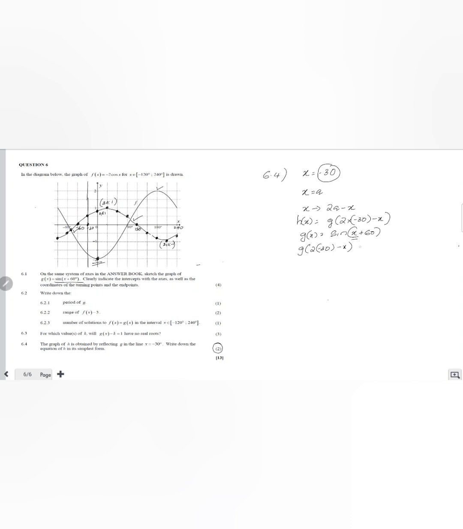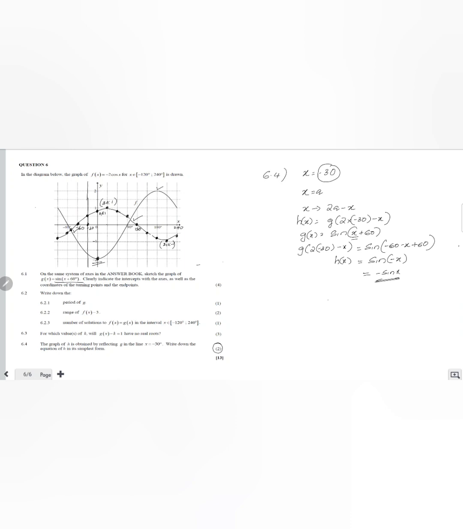So this is going to be sine of, in place of x, minus 60 minus x, then plus 60. Minus 60 plus 60 cancel, so it is going to be sine of minus x. What is sine minus x? This is our h of x. That is minus sine x. So this is how we have to do it.